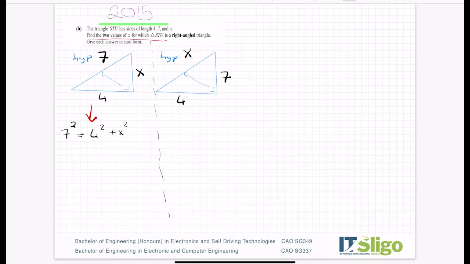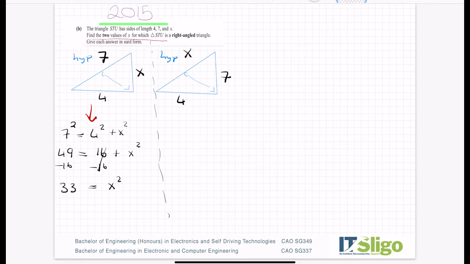So 7 squared, 7 sevens are 49. 4 squared, 4 fours are 16, plus x squared. Solve for x, I'm going to minus 16 from both sides. So I get 49 minus 16 is 33, is equal to x squared.